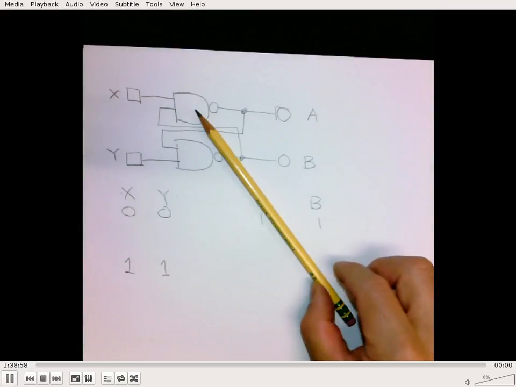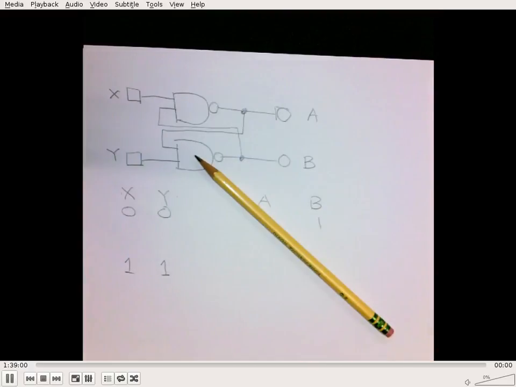Y goes to the bottom NAND gate and is experiencing exactly the same problem. Because if I just guarantee that Y is a 1, I have no idea what the output of the bottom NAND gate is, because now it is solely determined by the output of the upper NAND gate. Is that making any sense?